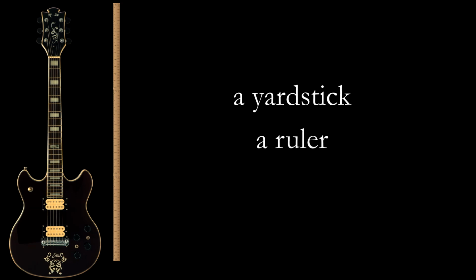So to measure the guitar, I'd probably use a yardstick or a tape measure. I could do it with a ruler, but I would need to stack a couple of them together.